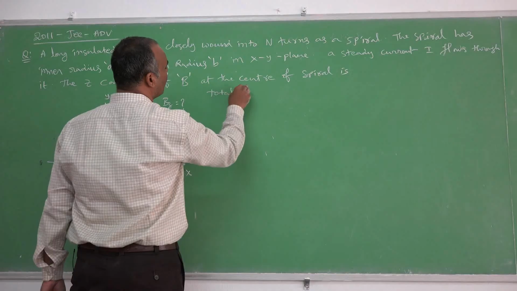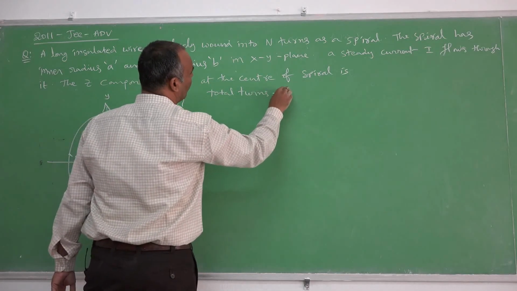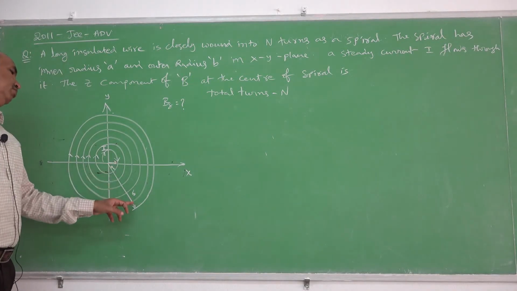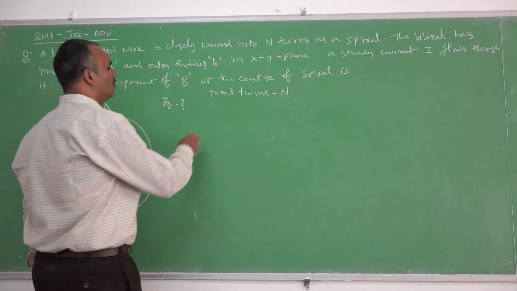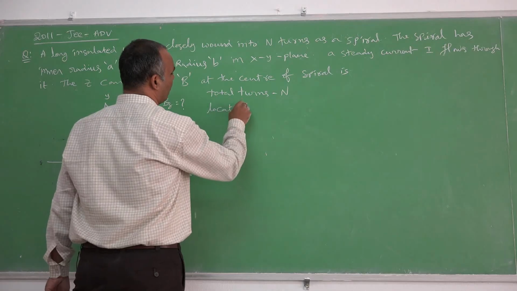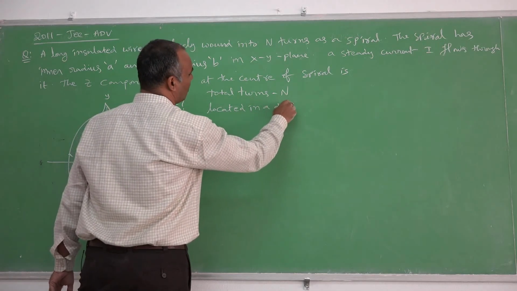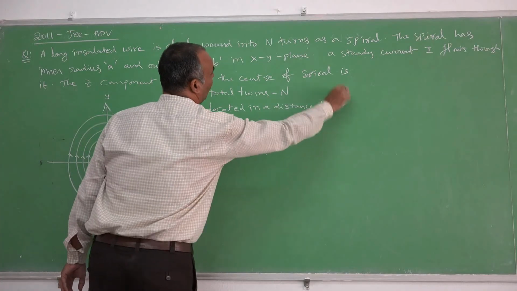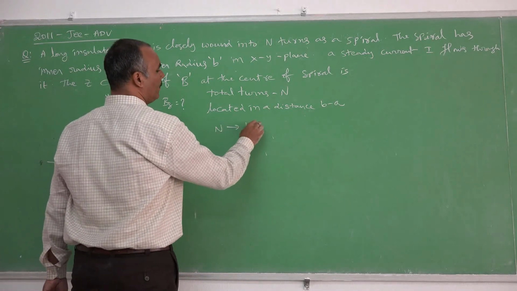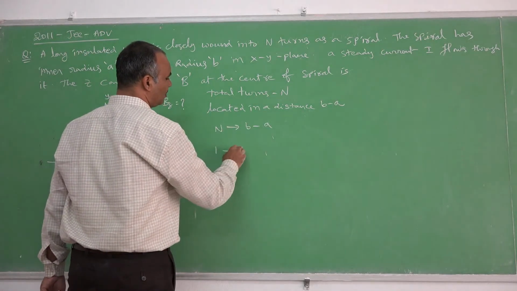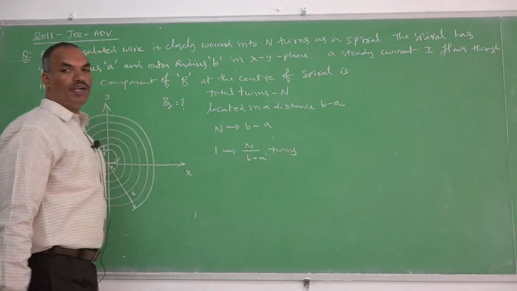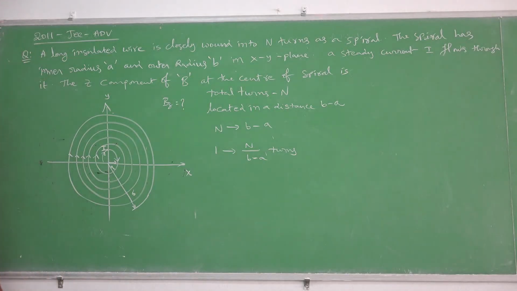All these n turns are distributed from radius A to radius B, located in a distance b minus a. So n turns are available on b minus a distance. For unit distance, n by b minus a turns are available.